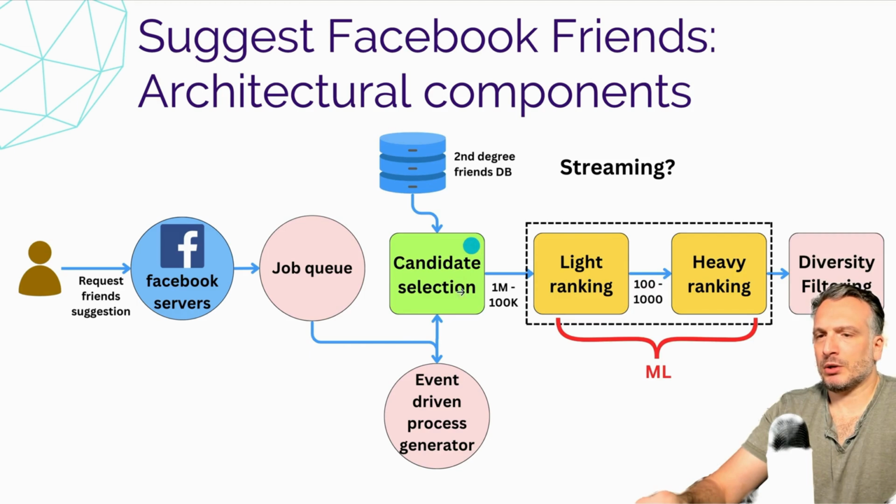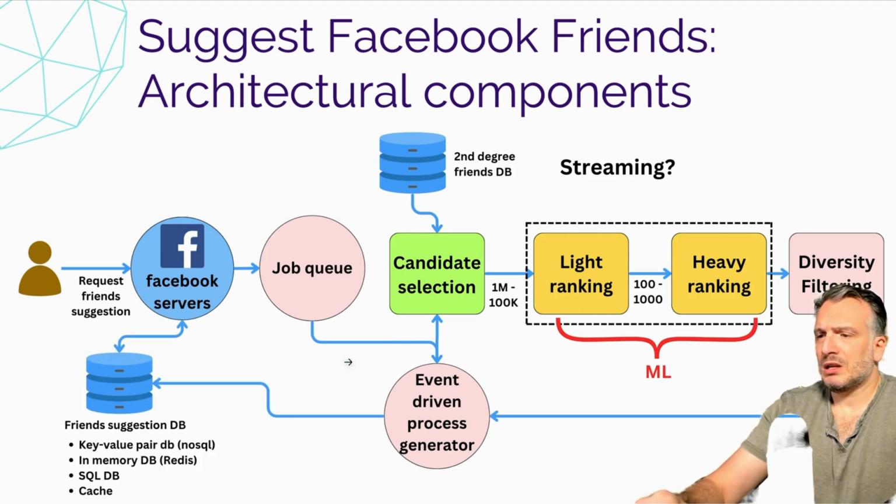The orchestrator calls for the ranking process: the candidate generation, the light ranking, the heavy ranking, and the diversity and filtering process. Once this process is done, the list can be passed into a database. The next time the user comes on the website, the servers are able to pick up the list that has been generated previously.